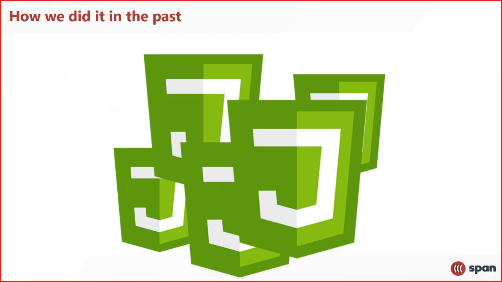But how can we do that, because JavaScript is all around? We needed another tool to do the job for us in front-end development. And that's how the component framework was born.